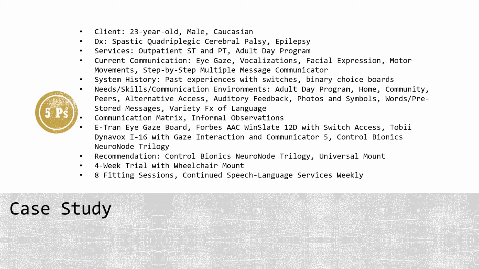What occurred is this client was able to access a switch, but his access was very inconsistent because his motor movements were inconsistent. So he did appear to definitely connect his right arm movement with communication. That's what he'd been doing for such a long time, by going to access these step-by-step multiple message communicators.